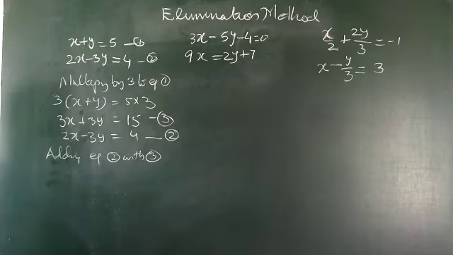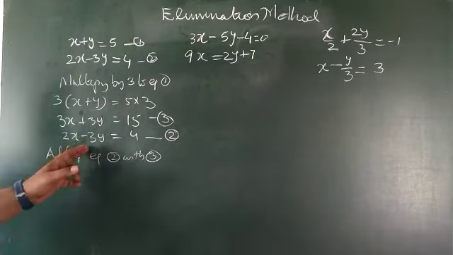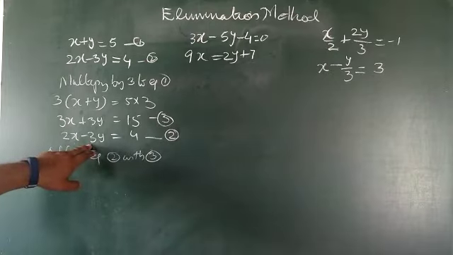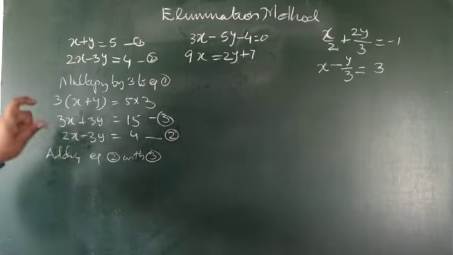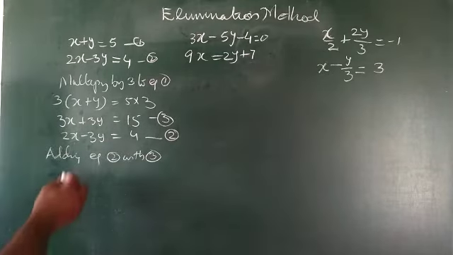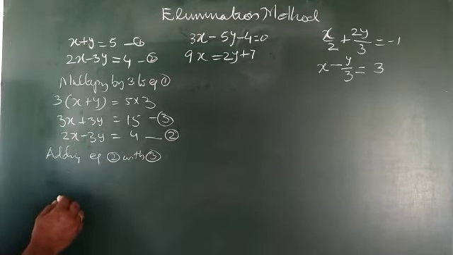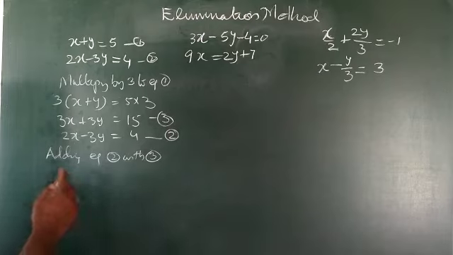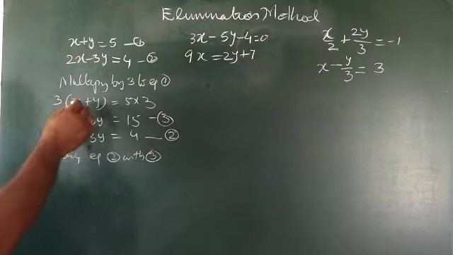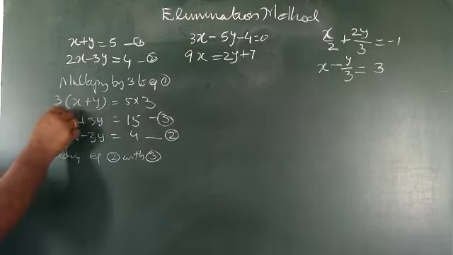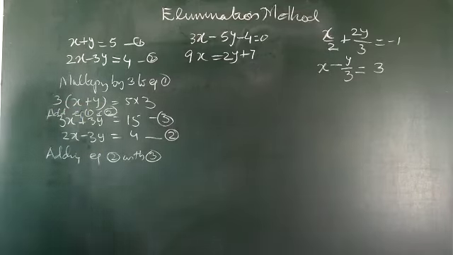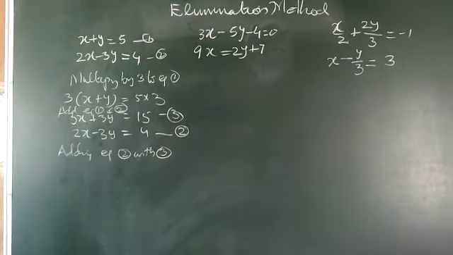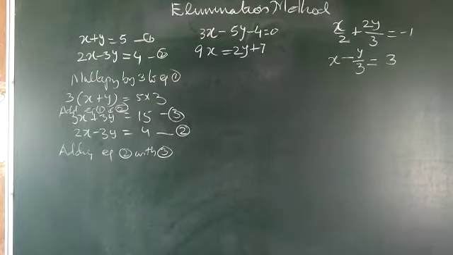When we add, what will happen? If the signs were the same we would subtract, but with the sign change it still gets eliminated. Ultimately we have to eliminate any one, either x or y. This sentence should be written before that, meaning add equation 1 and 2. So when we add equation 1 and 2, what will happen?